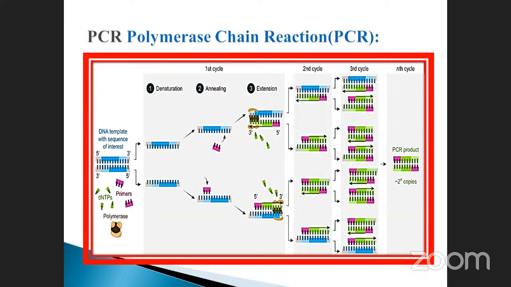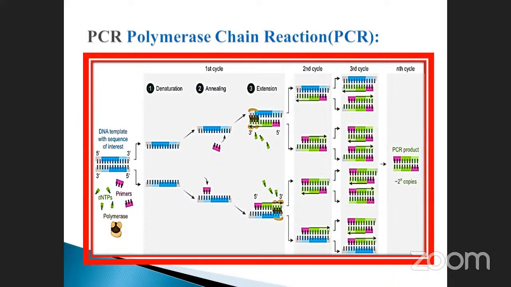Other enzymes are also involved in it, the polymerase enzyme. As a result, the 2 DNA strands along with the RNA primers will lead to the process of the reactions.